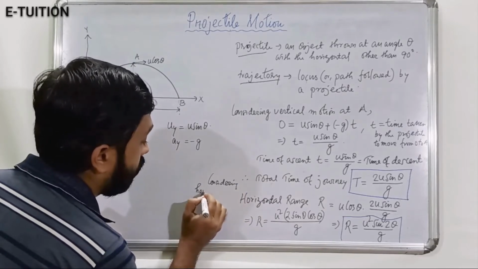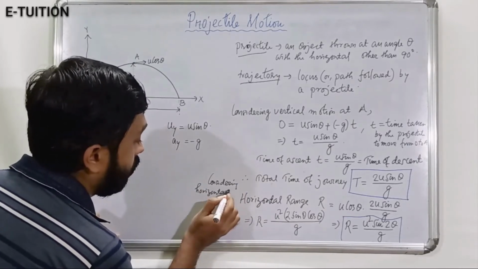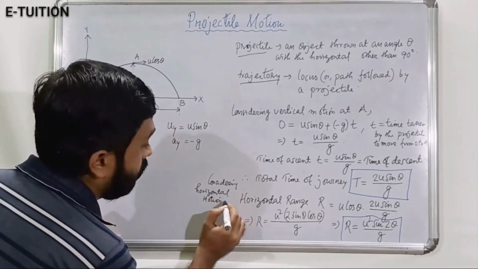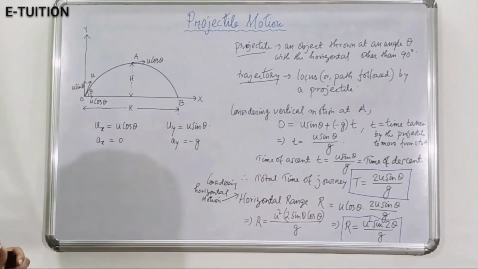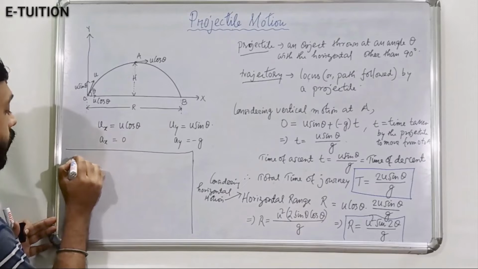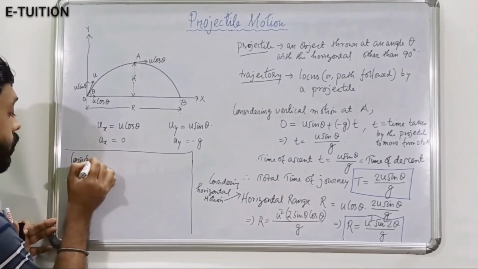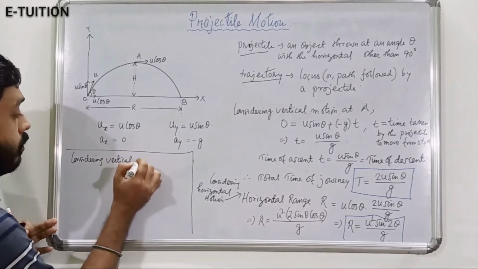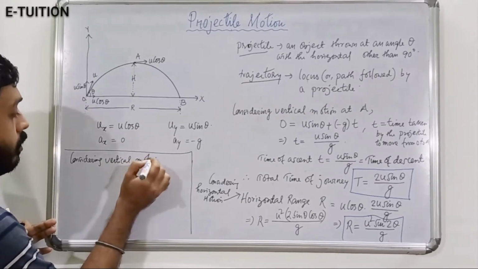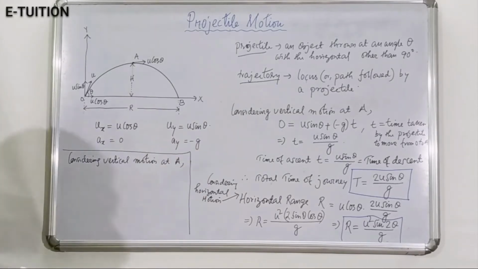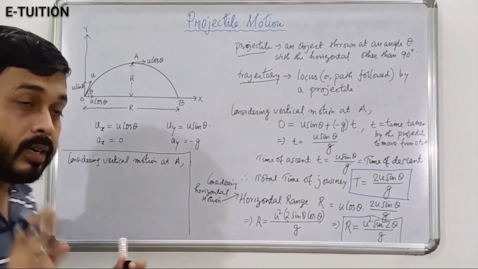Considering horizontal motion. After that, considering vertical motion. Vertical motion at A, we are making use of the equation v square equal to u square plus 2as.